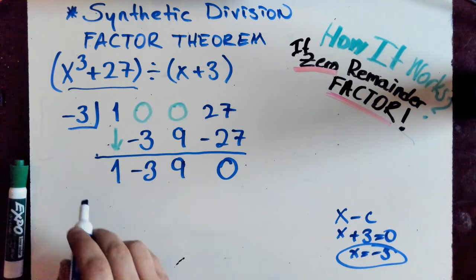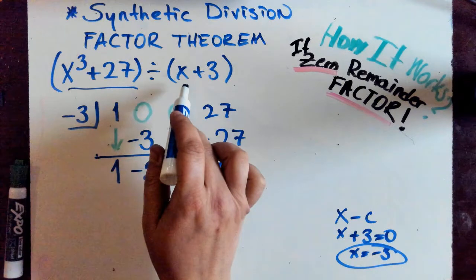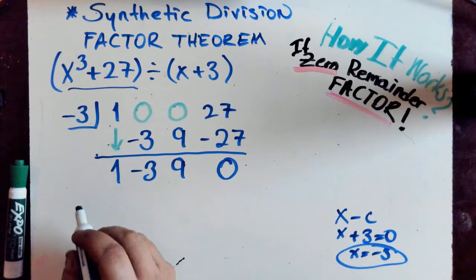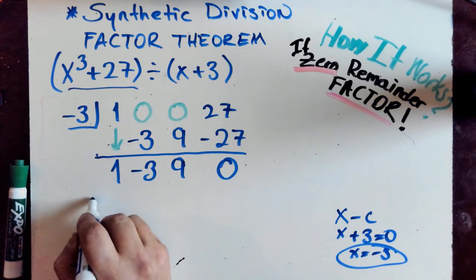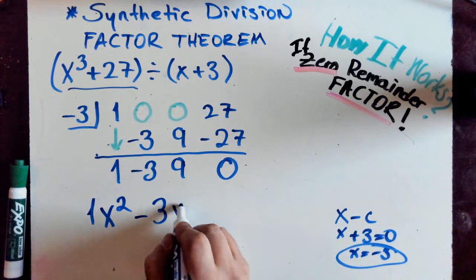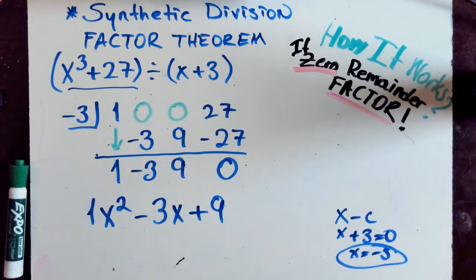So according to this, x to the third divided by x, I should have x squared starting my term. So I have 1 x squared minus 3x plus 9 as my answer. Obviously, we don't need to write this 1.